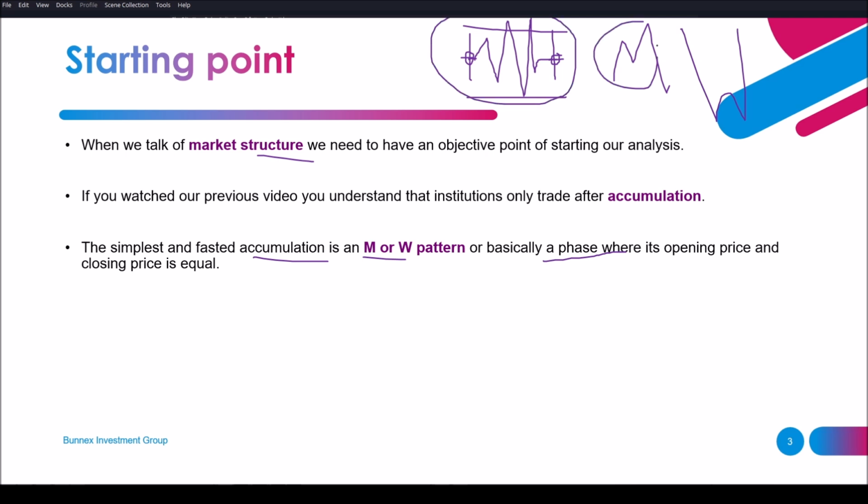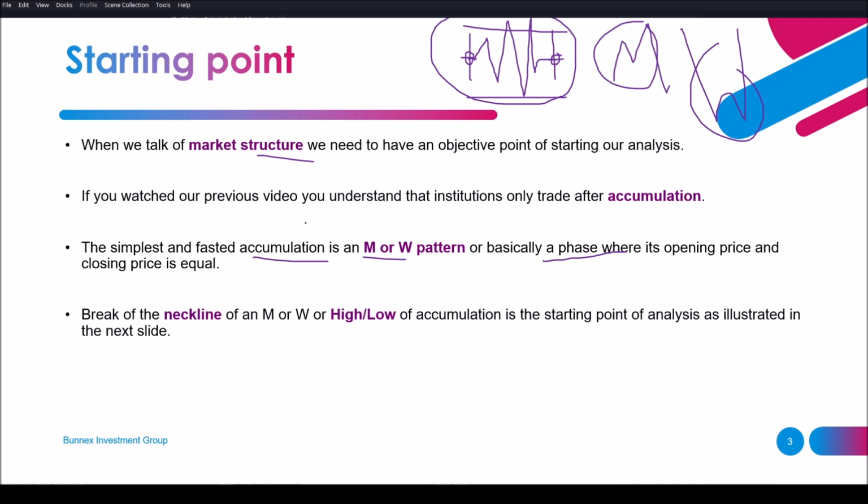So it's either we get an M or W, or an accumulation, which is a consolidation phase. So break of the neckline of an M or W, or break of the high or low of an accumulation phase, is the starting point of our analysis.